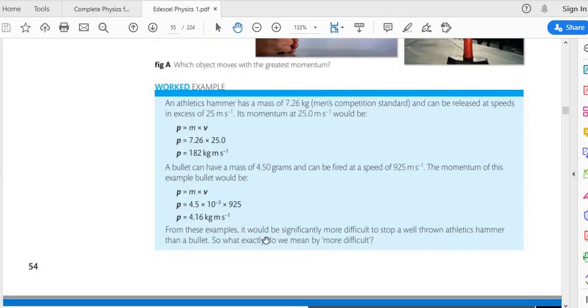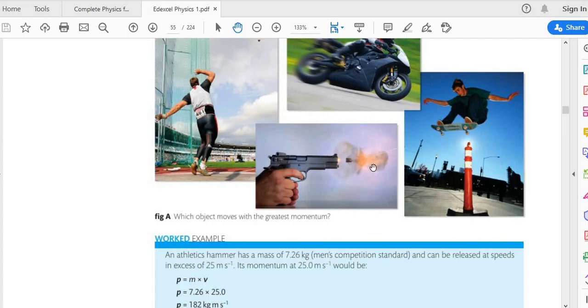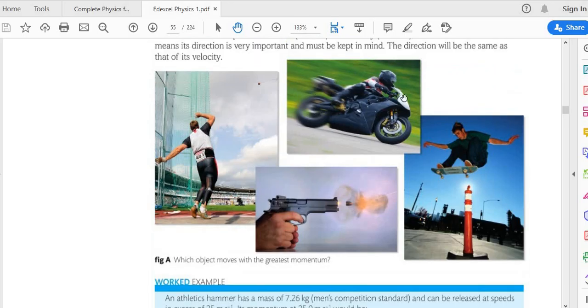Now you can see from these examples, it would be significantly more difficult to stop a well thrown athletics hammer than a bullet, because the momentum of the hammer is very high. So the greater the momentum, the more difficult it is to stop it. For example, a bullet, maybe with a thick piece of wood we can stop it, but we can't stop this motorcyclist with the same sized piece of wood, because this has a much greater momentum.